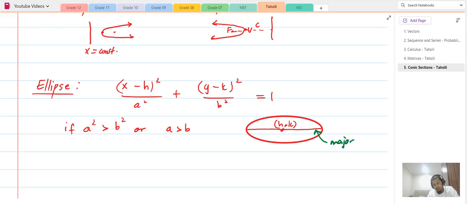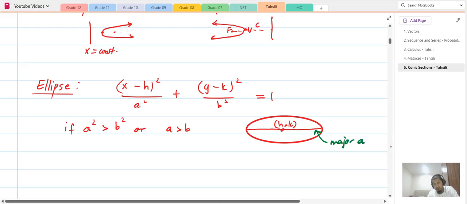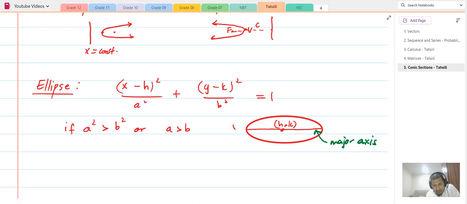And then we have two vertices, vertex 1 and vertex 2, and the others are co-vertices. If you go from there to there, this is the minor axis, with co-vertex 1 and co-vertex 2.